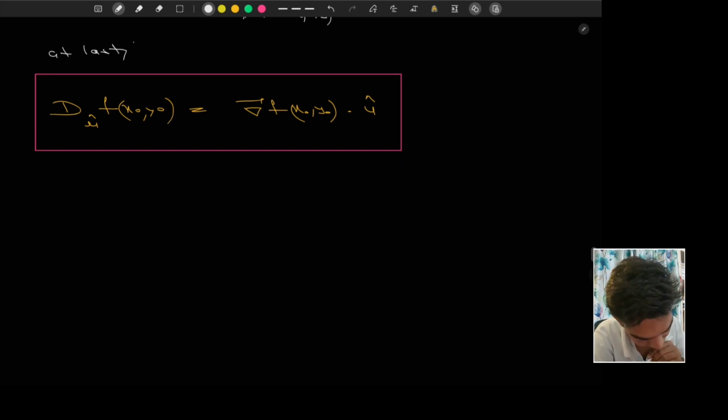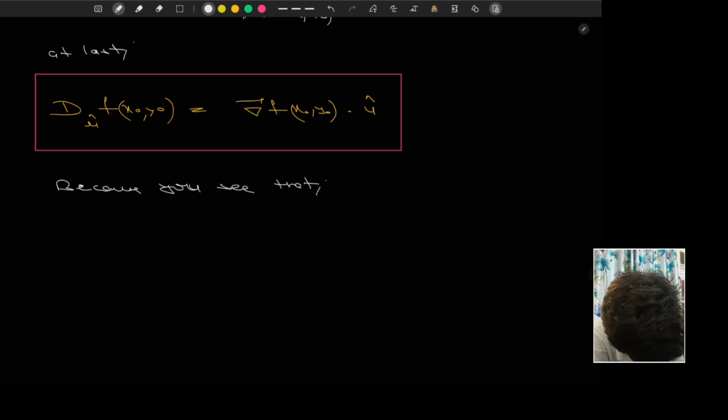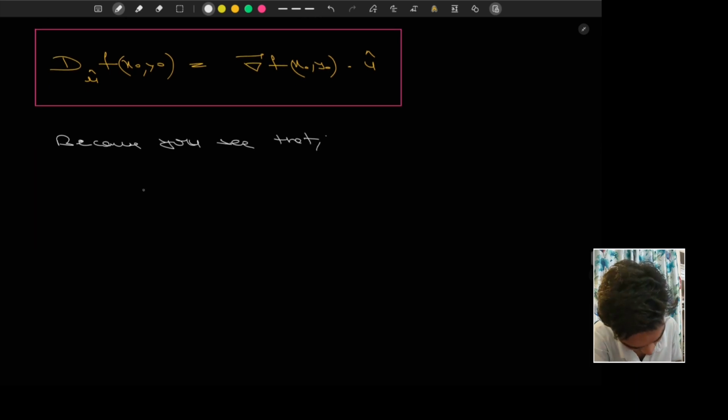Okay, so from this equation we get a hint of what a gradient is, and why I'm saying that, because you see, what does this represent?